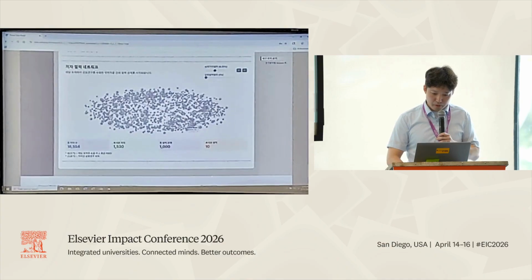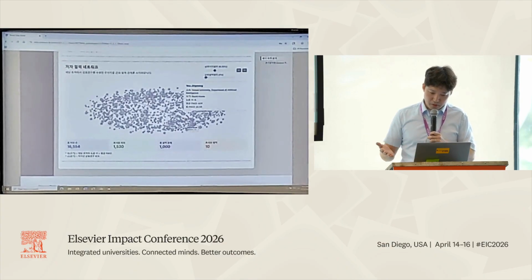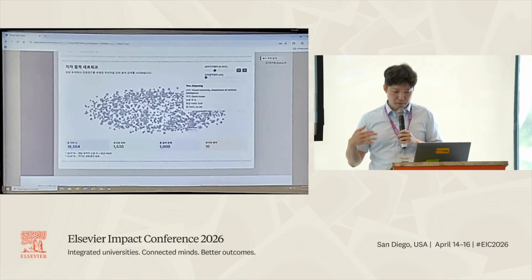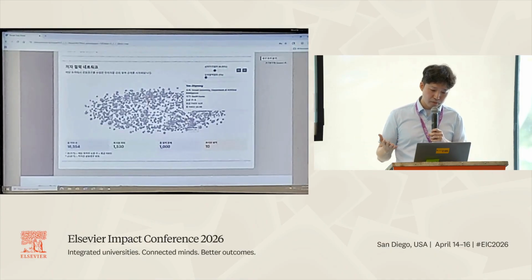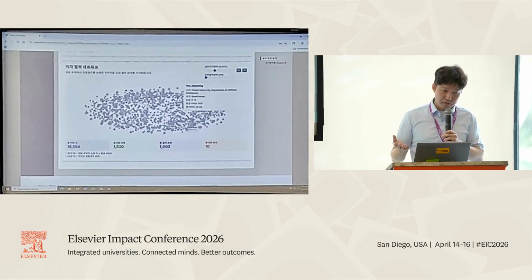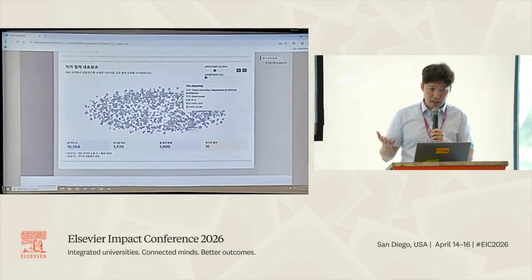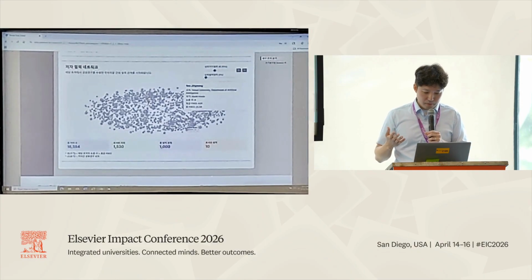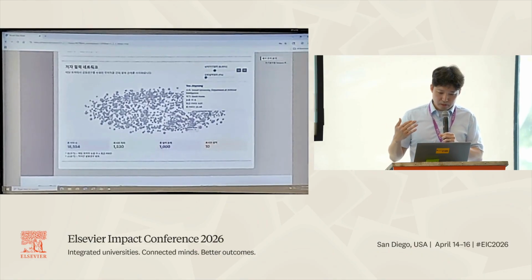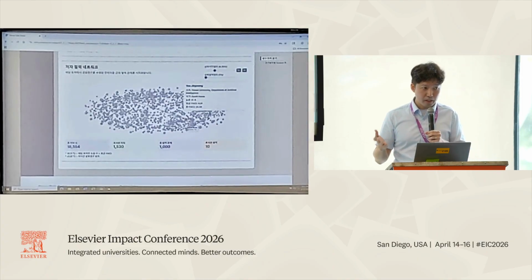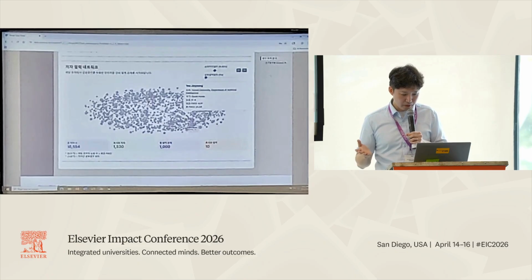So the primary goal of this visualization is to provide a clear, actionable recruitment pool. So if we decide to learn by hiring, the system allows us to instantly identify who the top tier candidates are and where they are located.